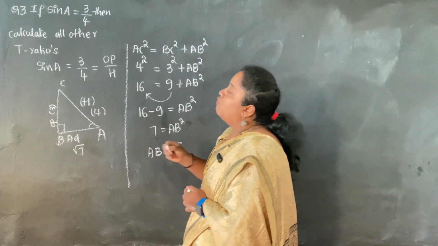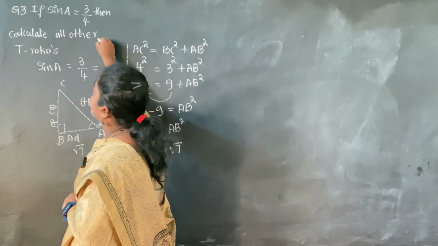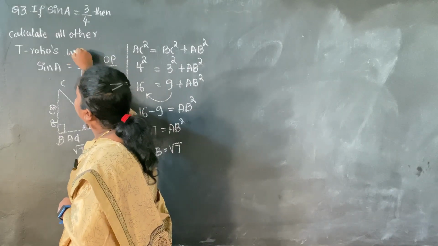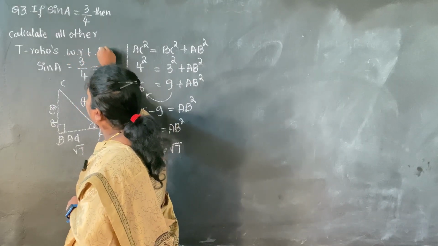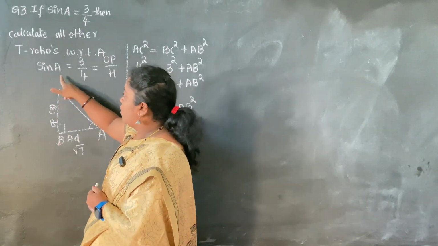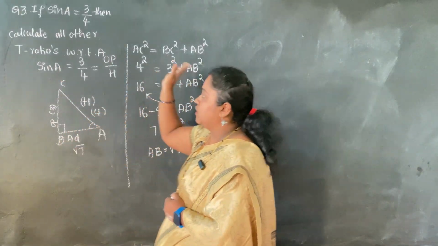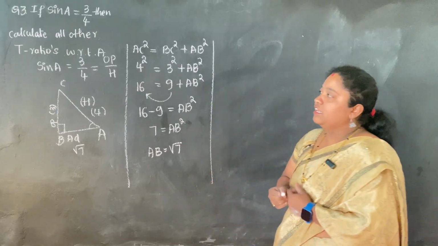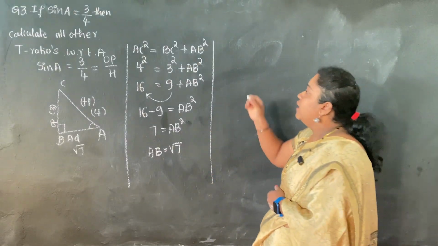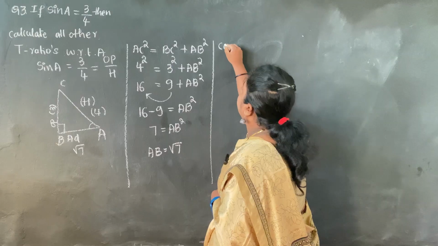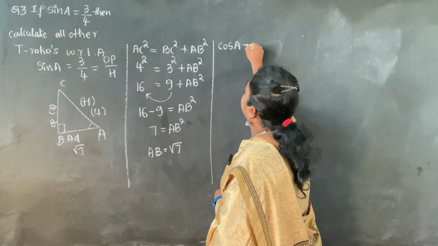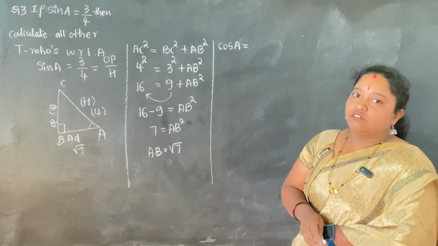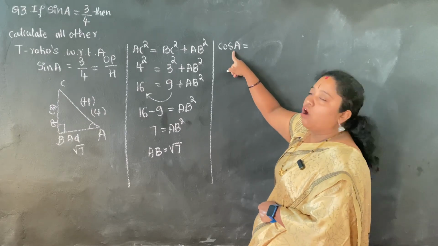Now we'll find all the other trigonometric ratios with respect to angle A itself, because A is provided. Sine is already provided, no need to find it. We start from cos. Dears, first let me calculate cos A. And what is the formula associated with cos A?